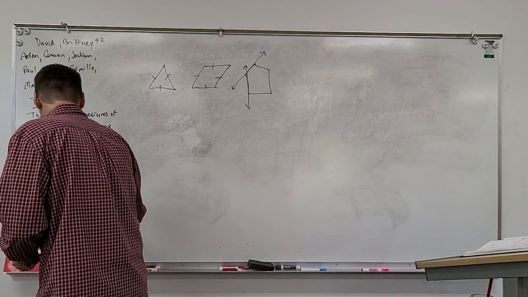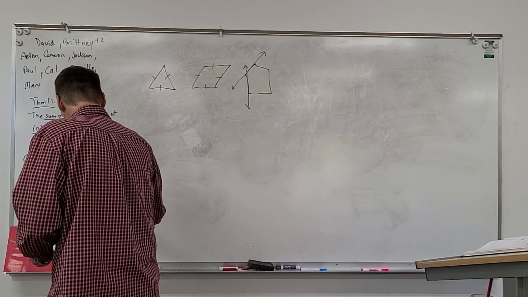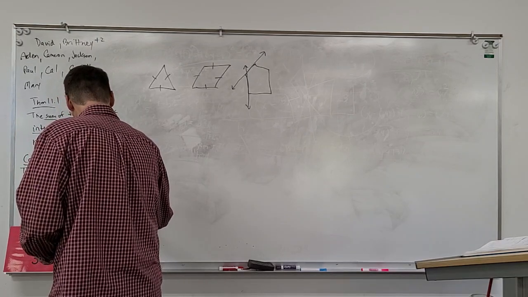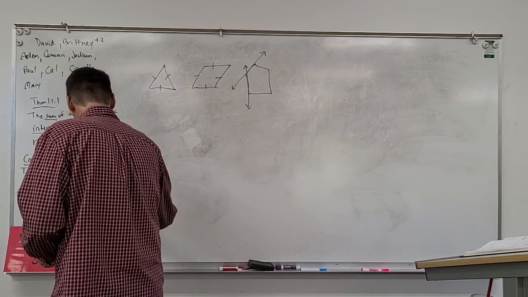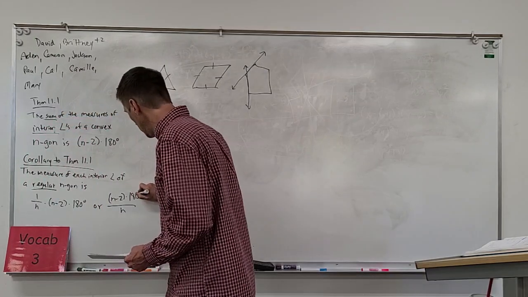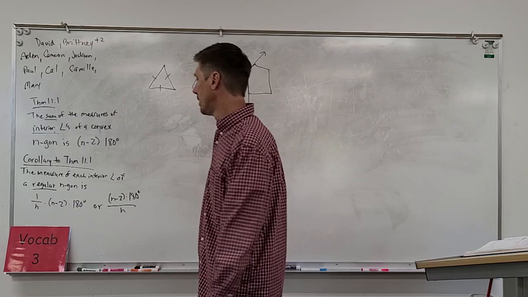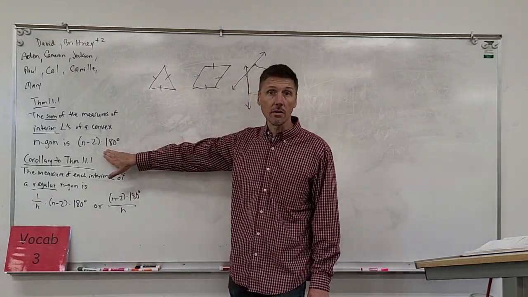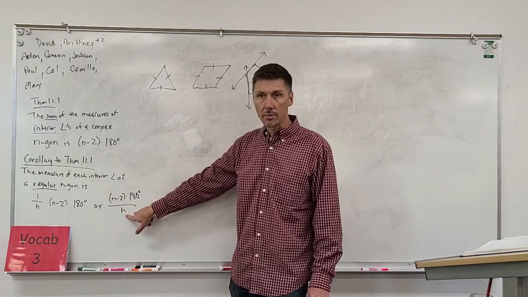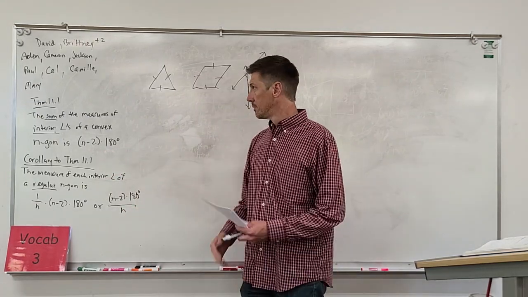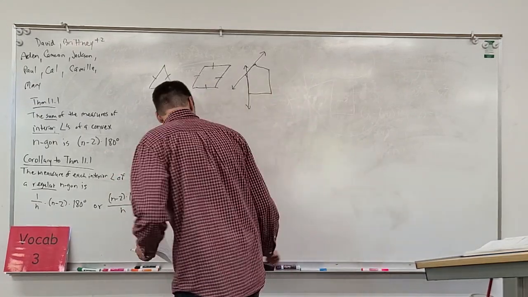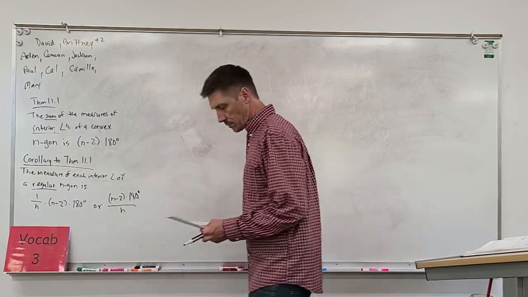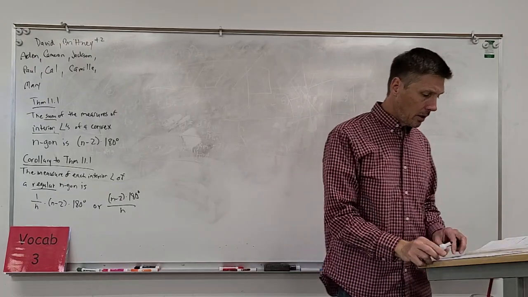Or you could write that another way: n minus 2 times 180 degrees divided by n. So in other words, it's the sum of all the angles divided by the total number of sides. All right? That makes sense if all the angles are equal to one another.